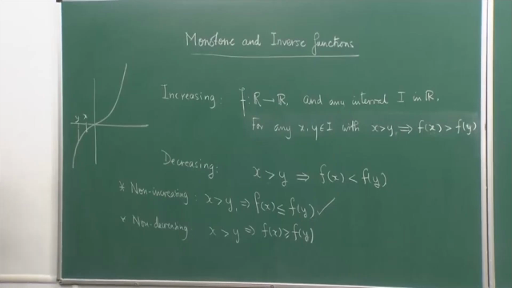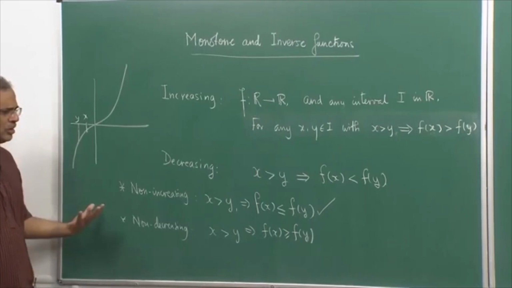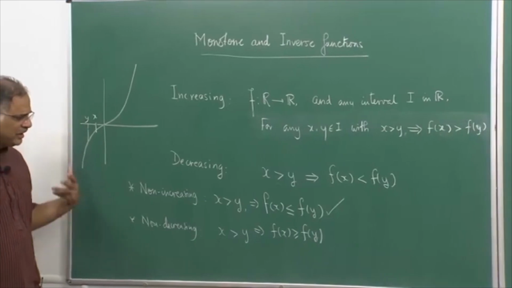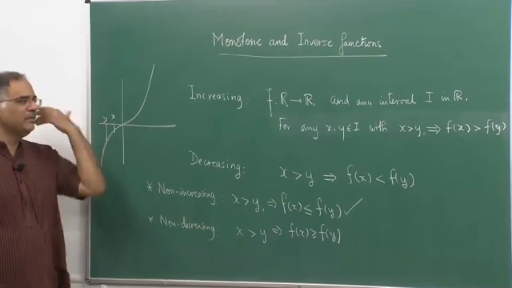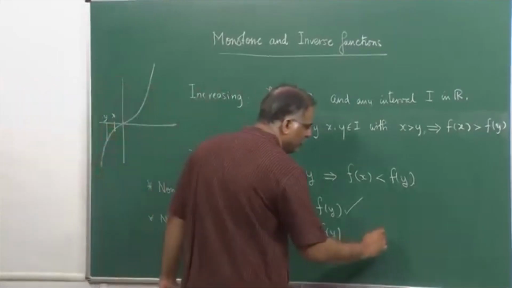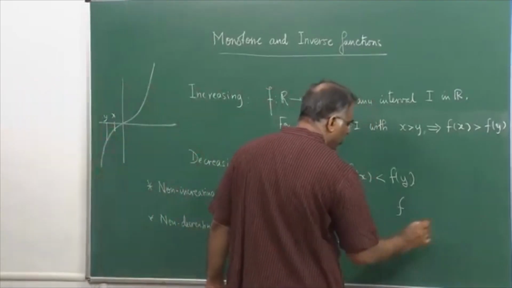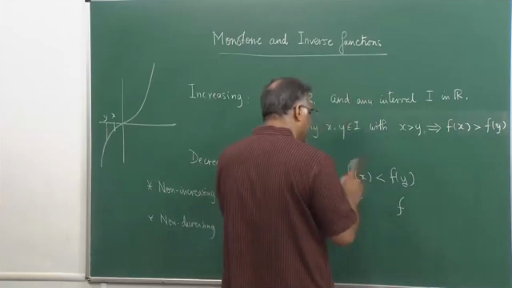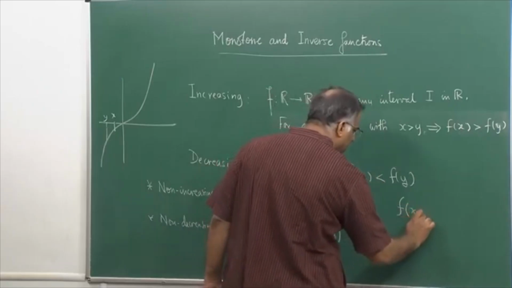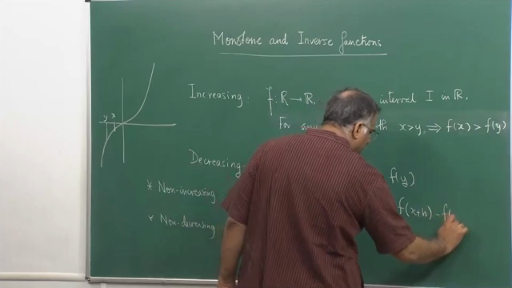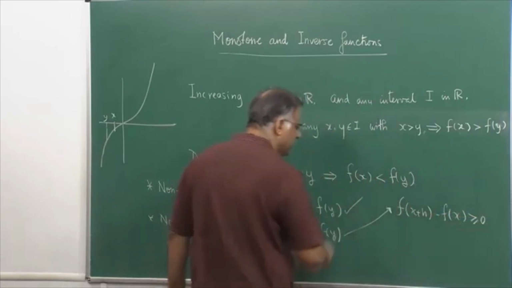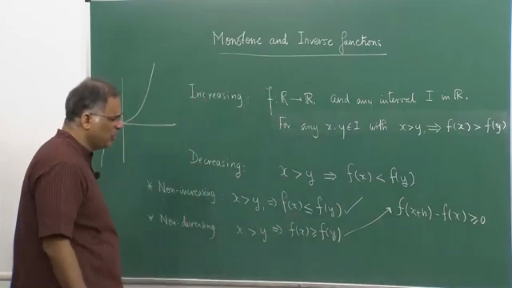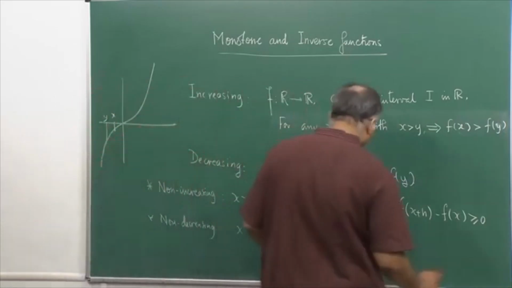Suppose you have a differentiable function which is non-increasing or, say, non-decreasing, then you can have necessary conditions. For example, if you take two points x and x plus h where h is positive, f of x plus h minus f of x is greater than or equal to 0, if it is non-decreasing.